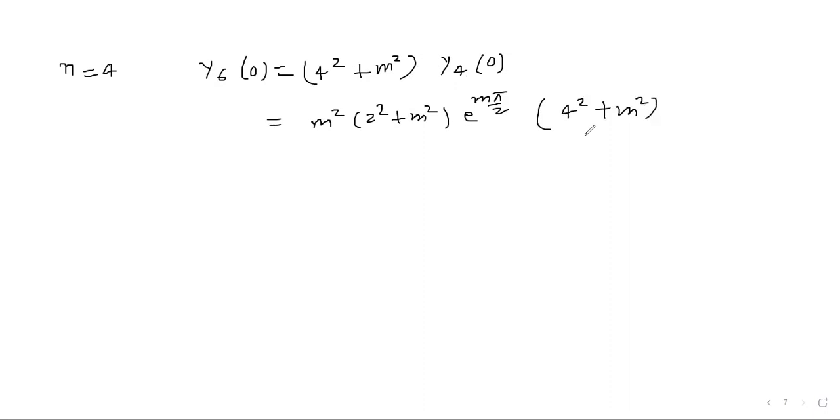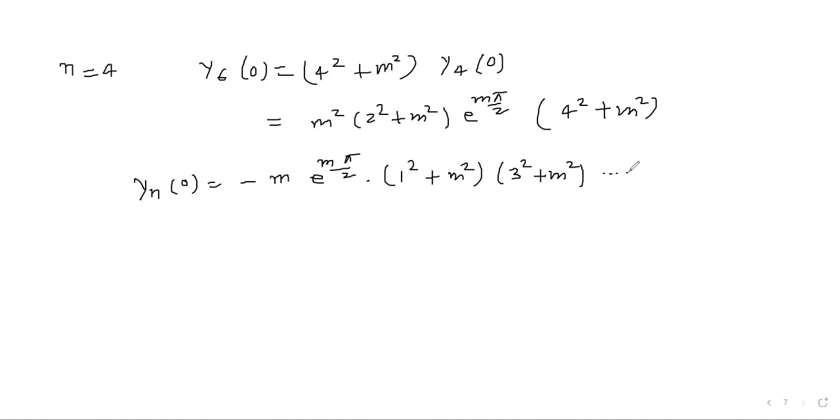Now, we can generalize it for yn(0). It will become minus m e to the power m pi by 2 times 1 square plus m square, then 3 square plus m square, then dot dot, (n minus 2) square plus m square.